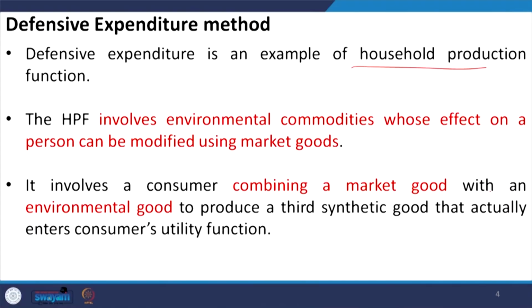And again, as we have already discussed, for this defensive expenditure method, the consumer is combining a market good with an environmental good, so that a synthetic kind of good can be produced and it must be reflected in the consumer's utility function, right. So this is the example we have given, of how the market good and the environmental good can be combined in order to produce a third synthetic good, and that reflects the consumer's utility.